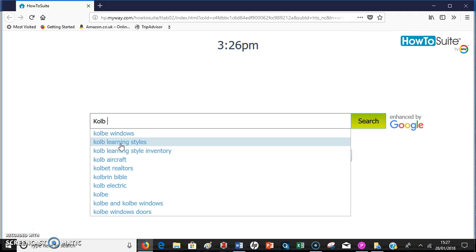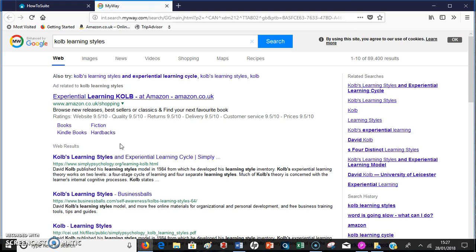Let's just see what comes up there. Experiential learning. So we've got here, just go down to this second one, Kolb's learning styles and experiential learning cycle. This was what I was talking about, so if I quickly click on that, you'll see it's from 1984, and I happen to know that is the correct date.